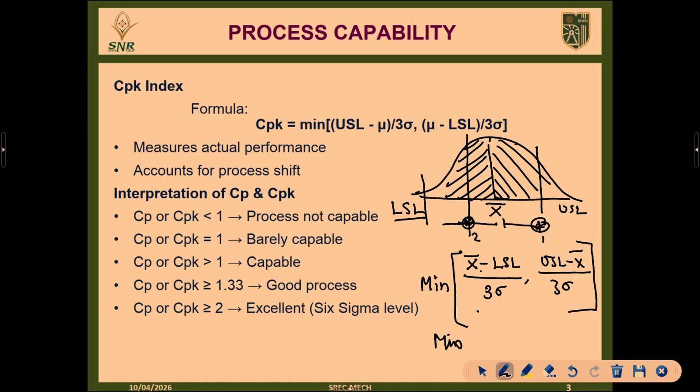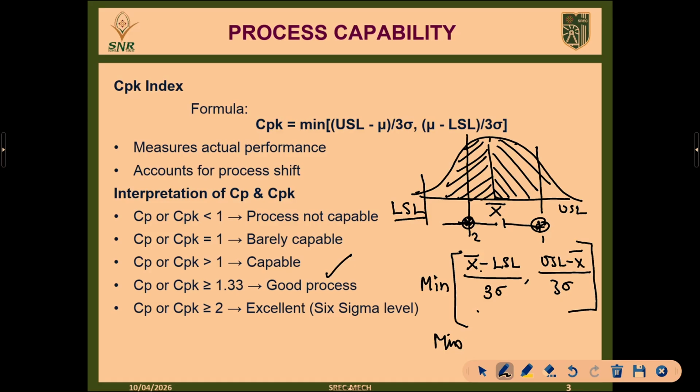When the CP or CPK is between 1 and 1.33, we can say the process is capable. The process will not produce any defects because the process is stable. However, we have to observe whether this value is increasing for better stability or the value is decreasing, moving towards out of process.